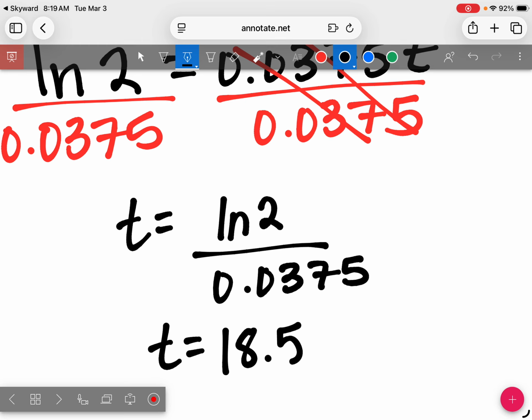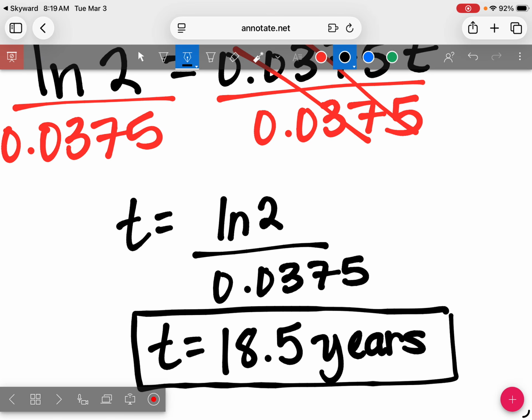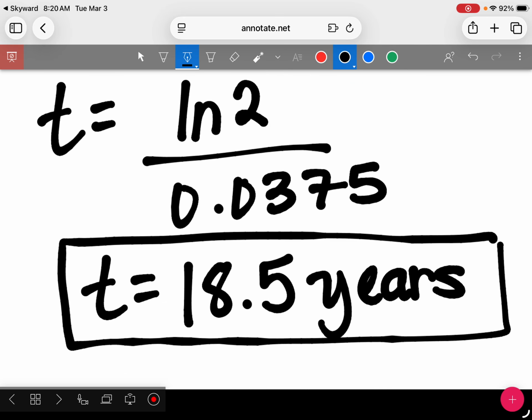If you're not getting 18.5, I rounded that 4 to a 5 because the number after the 4 was an 8.